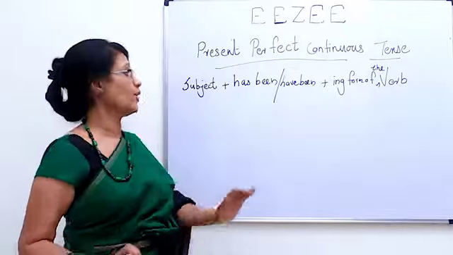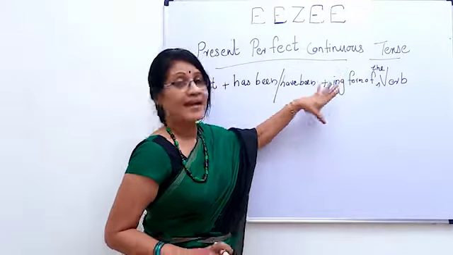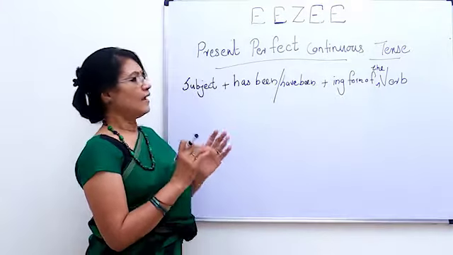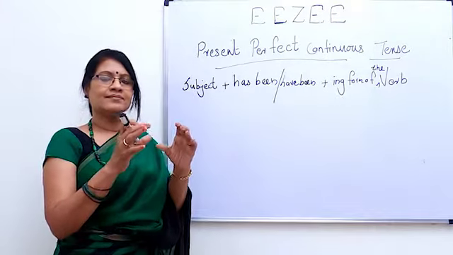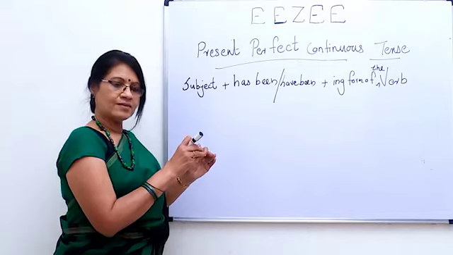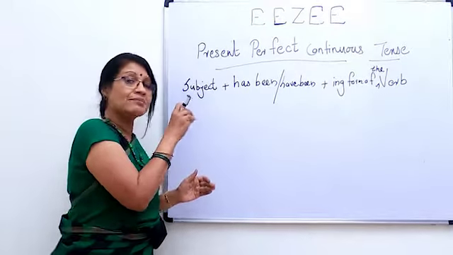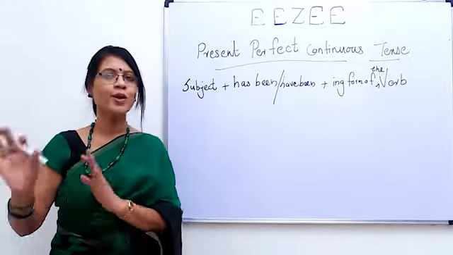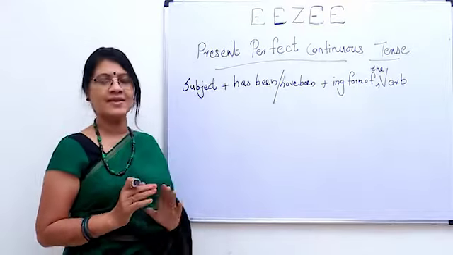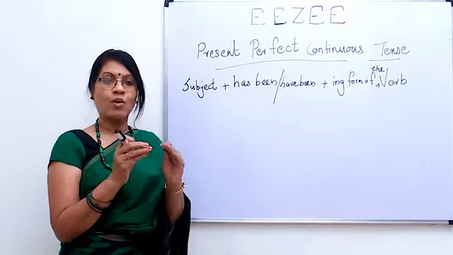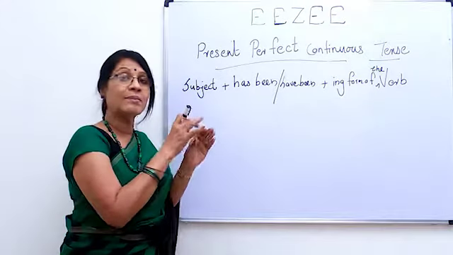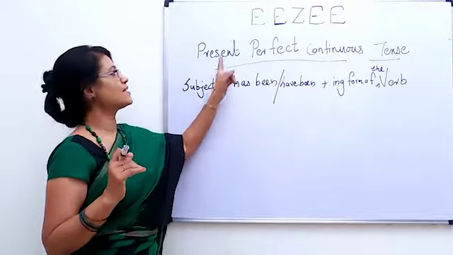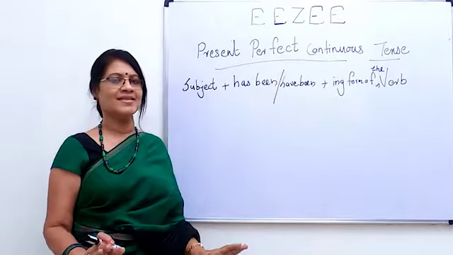I already told you it's a continuing process. See, actually the action happens sometime in the past, and it's still continuing. The action or the event that started in the past and is going on, that is present perfect continuous tense.